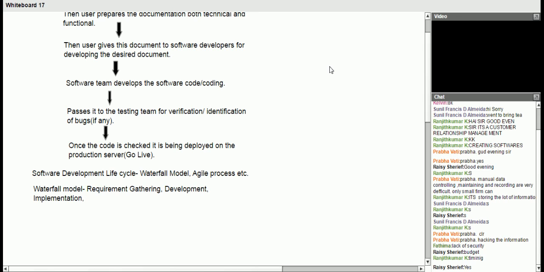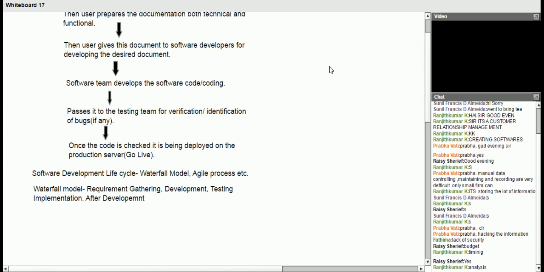Before implementation it's testing, then implementation, and then support. Rather we can say after development, support.